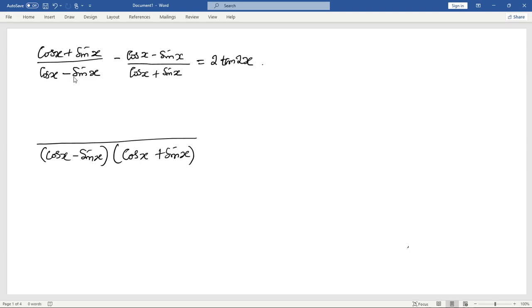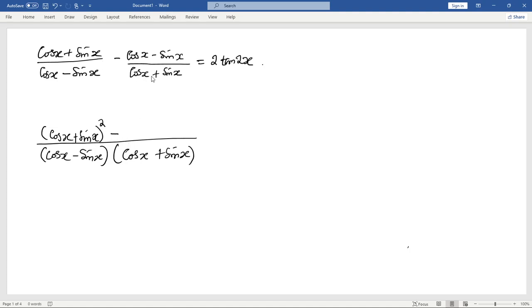Now if you divide cos x − sin x into the denominator, we simply remain with cos x + sin x. If we multiply this and this, we're simply going to have (cos x + sin x) squared, minus this side here.